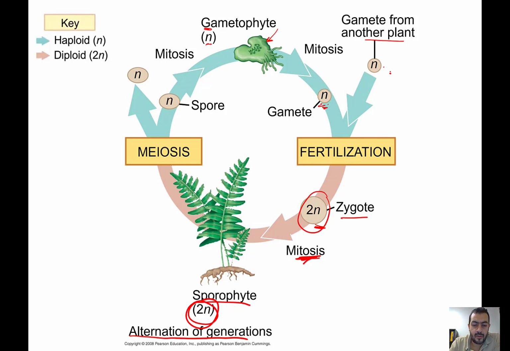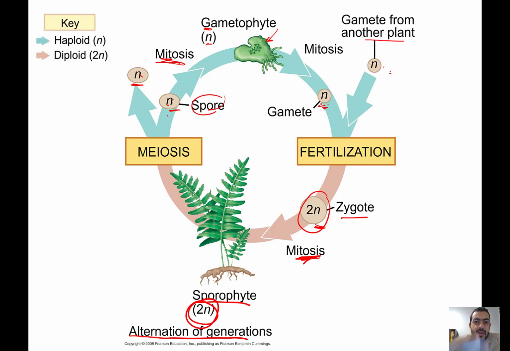Then through the process of meiosis, we are going to reduce the number of chromosomes into half. We will end up with spores which are haploid. These spores will grow through mitosis. So mitosis, as you remember, results in the multiplication of cells.